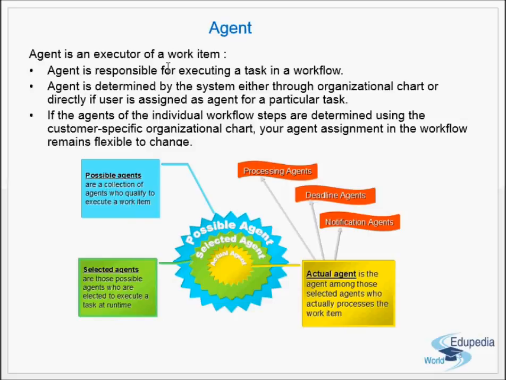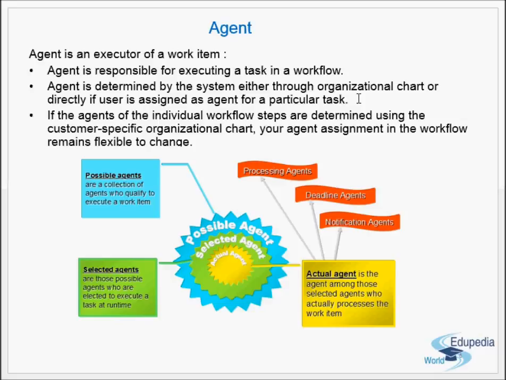The agent is responsible for executing a task in a workflow. Agent is determined by the system either through the organizational chart or directly if the user is assigned as agent for a particular task. So how is an agent determined?